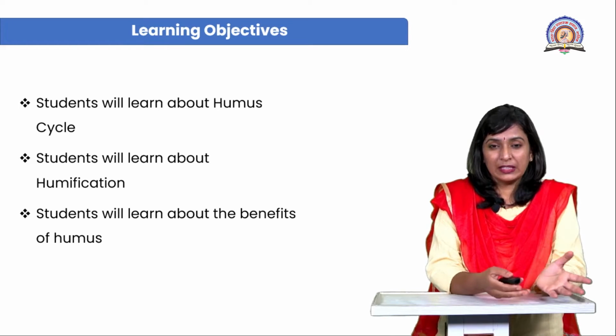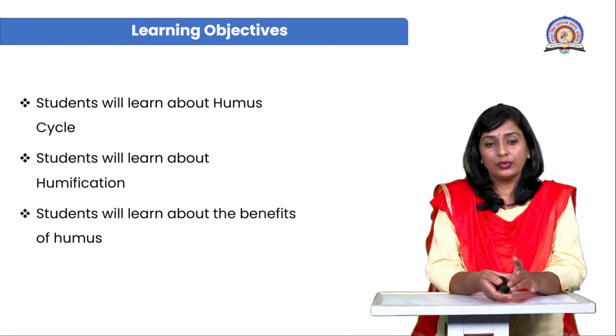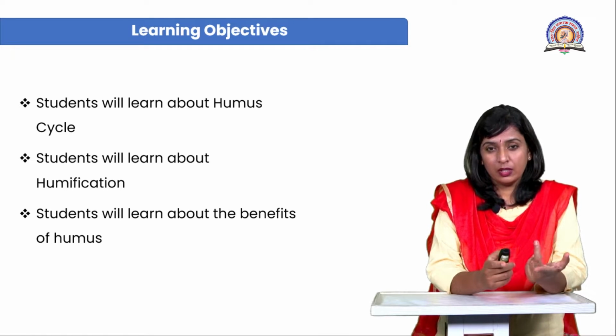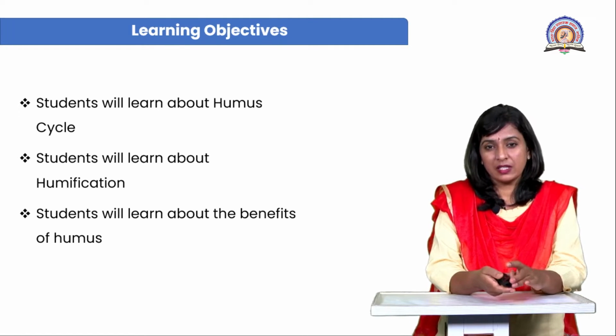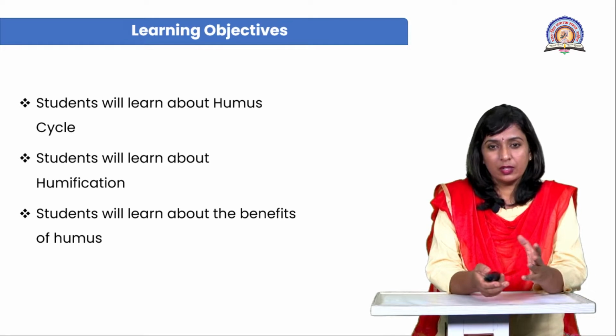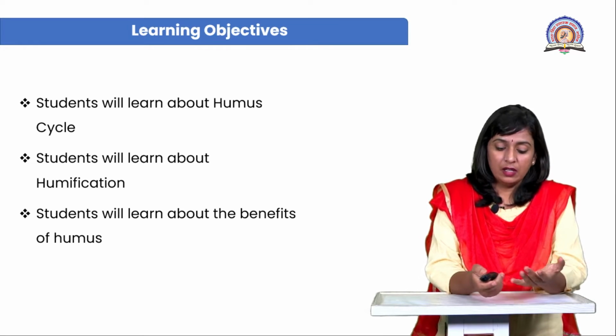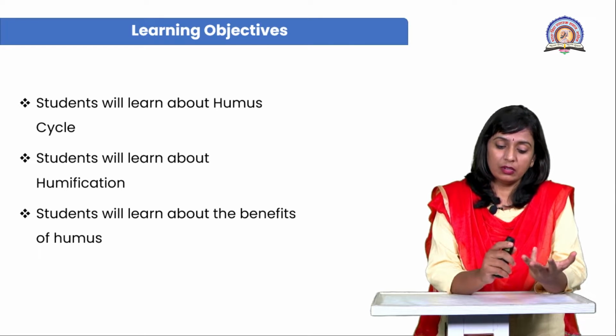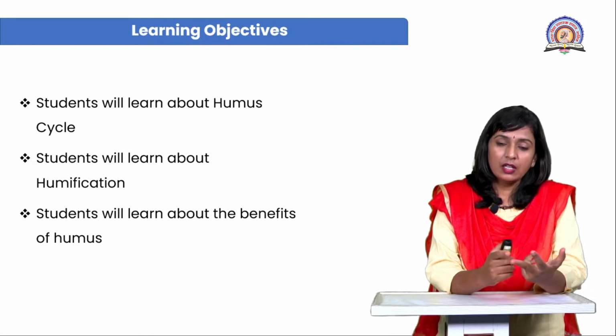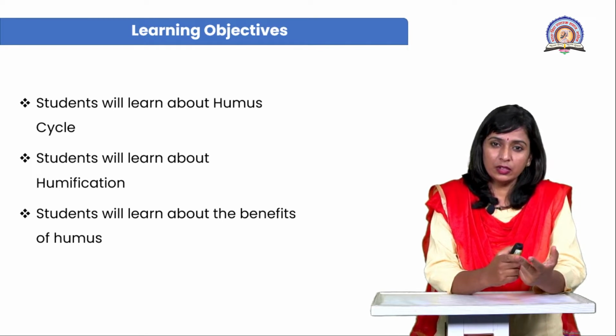That basically involves the use of decomposed, or you can say organic manure. Instead of using harsh fertilizers, such as chemical fertilizers, using chemical fertilizers causes soil quality to be lost, and it is also hazardous for the environment.